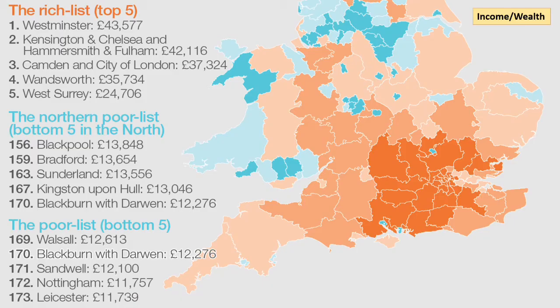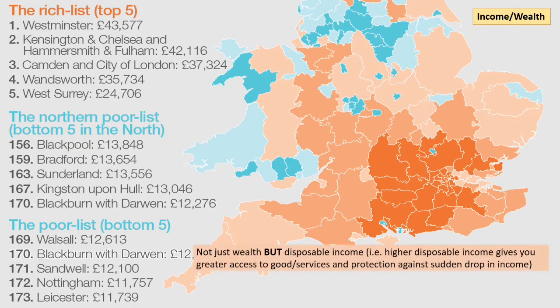If I have a higher disposable income, then I am going to have greater access to a variety of goods and services, but it also means if an issue like a recession happens, then I am going to be better protected because I can use some of that disposable income to pay for the bare essentials like housing, food and water. Some people on lower incomes with very little disposable income, as soon as any kind of economic shock happens to them, are going to be pretty much backs against the wall.